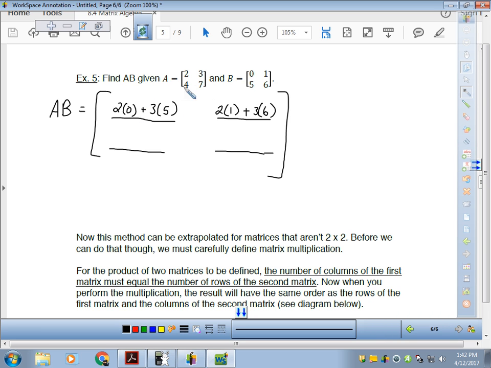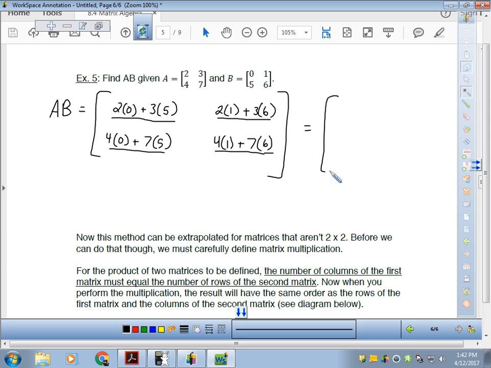So I'm going to take row 2, which is 4, 7, multiply it by column 1, which is 0, 5. So I'll have 4 times 0 plus 7 times 5. For this last one, this is row 2, column 2. So I'm going to be taking row 2, which is 4, 7, multiplying it by column 2, which is 1, 6. So I'll have 4 times 1 plus 7 times 6.